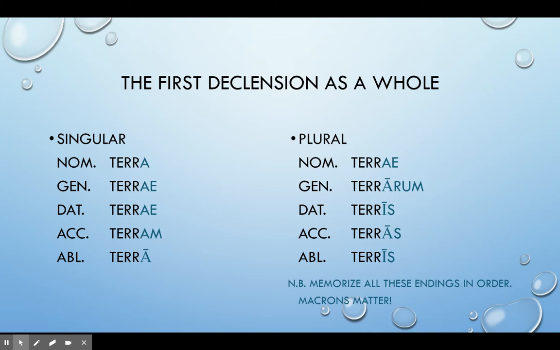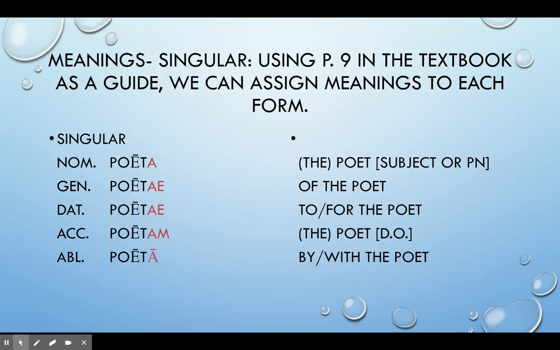Now, the job of the endings is to show a particular noun form's function in its Latin sentence. We had that broad introduction to cases as indicating a noun's function in the sentence last week.